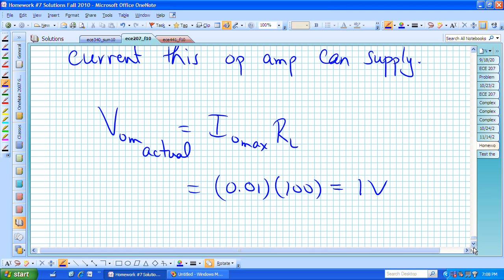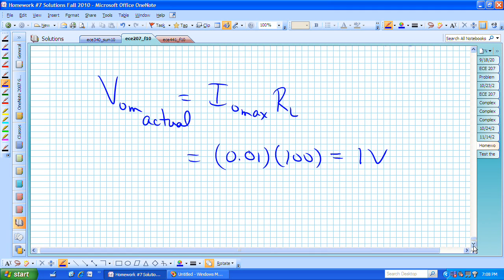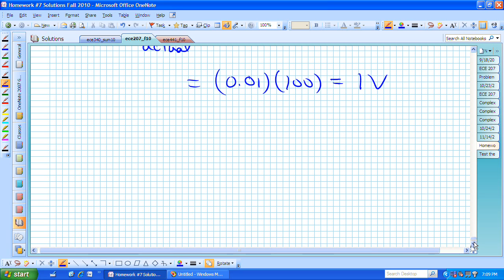We're going to clip our output sinusoid at 1 volt if we now try to drive our system with this particular light of a load. It's going to pull too much current, and that current, when it reaches its maximum, is going to clip the output voltage.